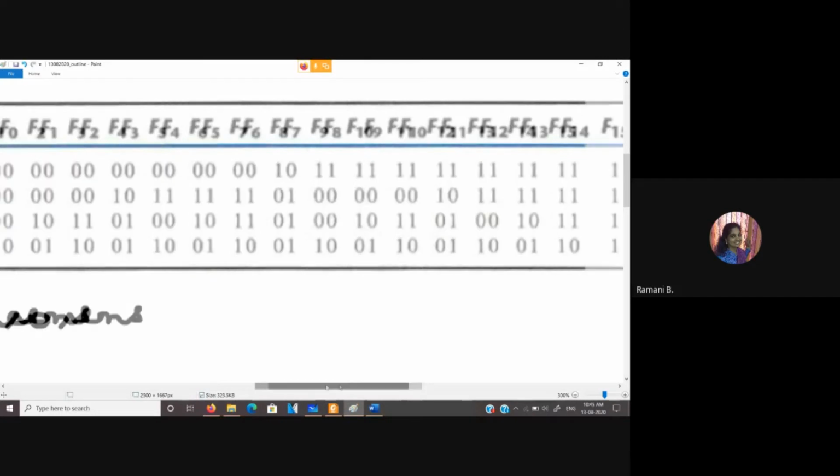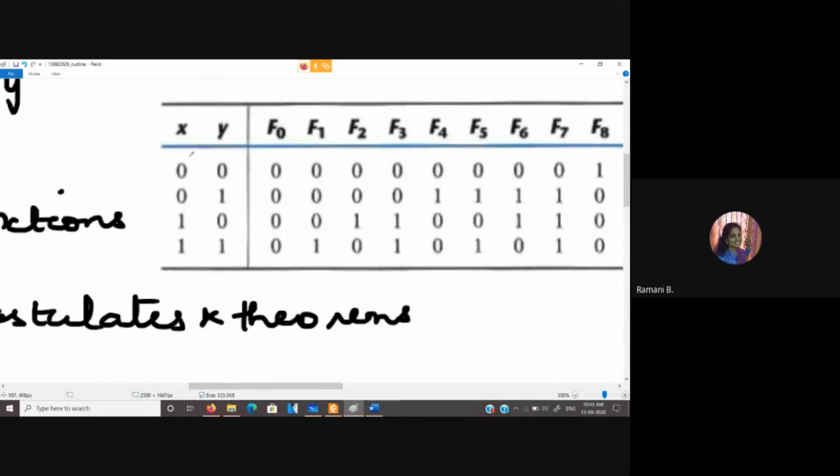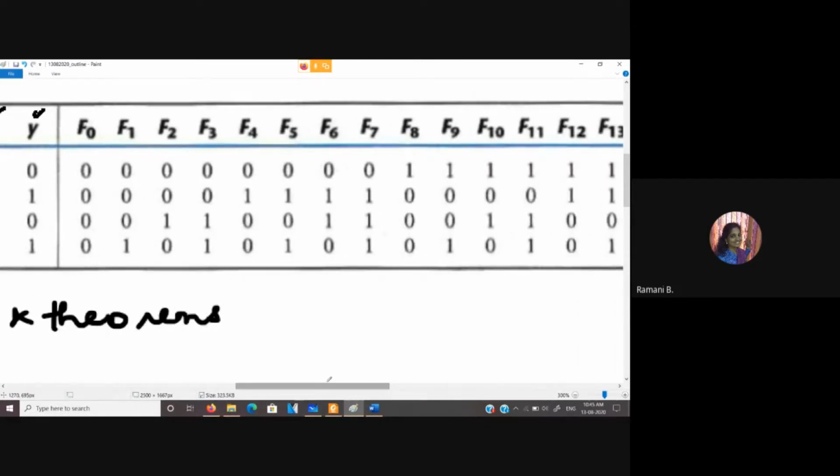Here you have just two variables x and y. With two variables x and y, the number of possible functions is 2 power 2n, that is 2 power 2 into 2, which is 2 power 4. You have 16 possible functions.